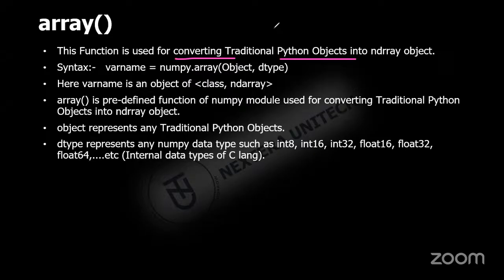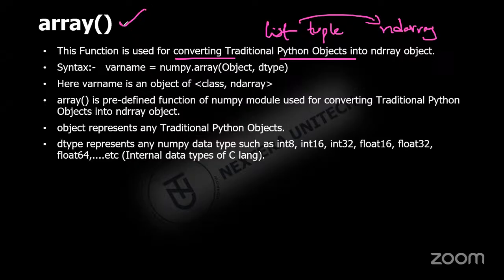If you have a list object or a tuple object, or set object or dict object, all these are Python objects. If I want to convert these to NDarray, n-dimensional array objects, I'll use the array function.